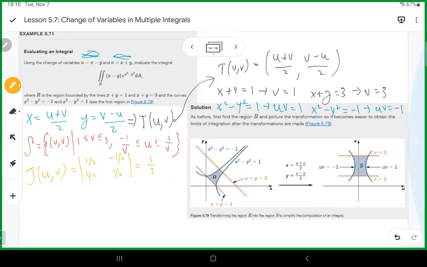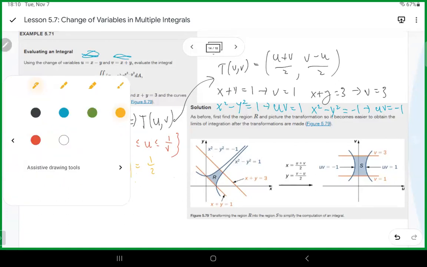So then the transformation, the integral.